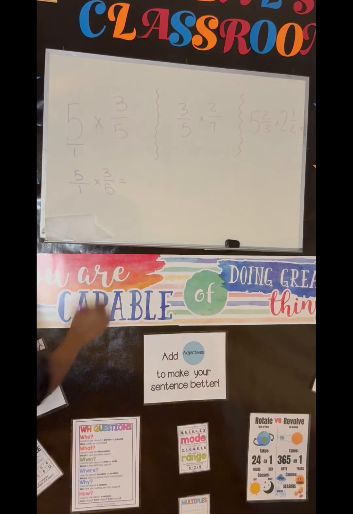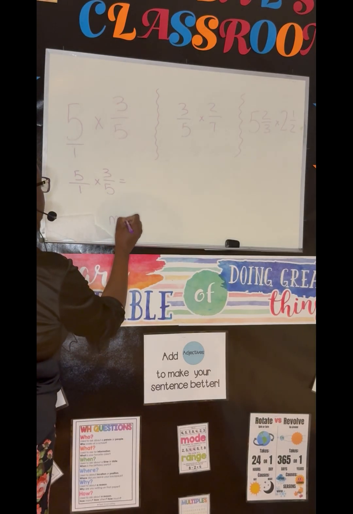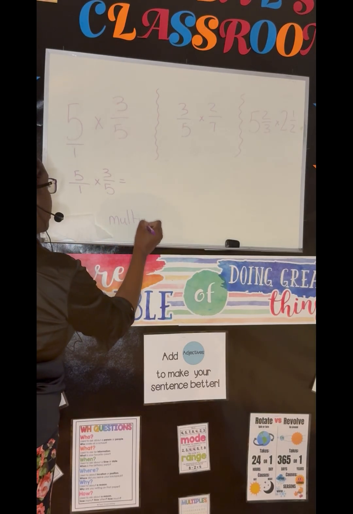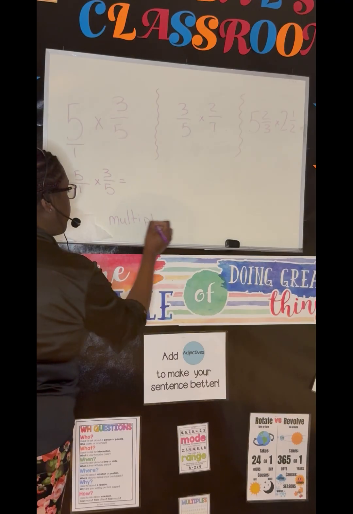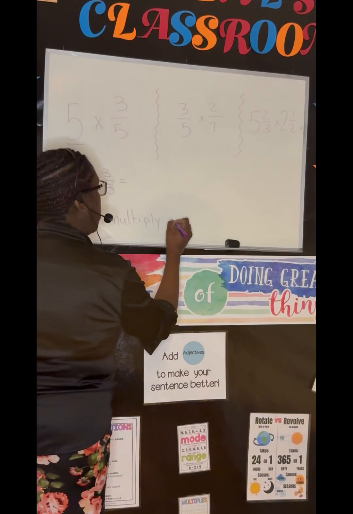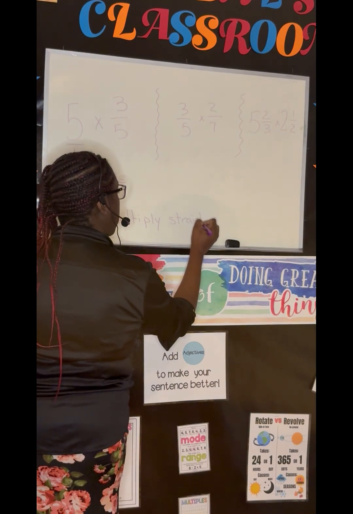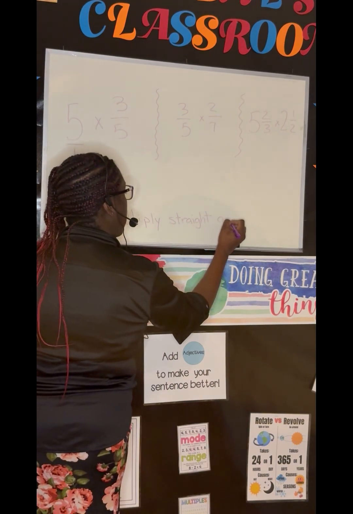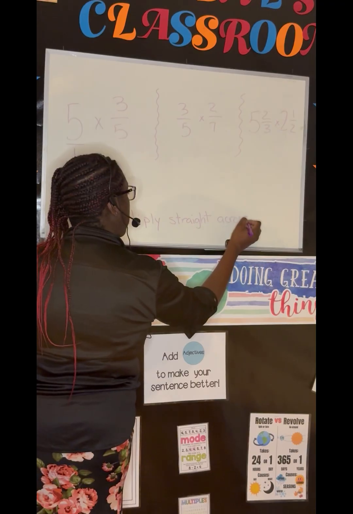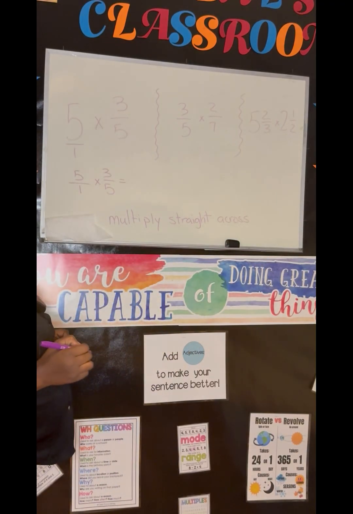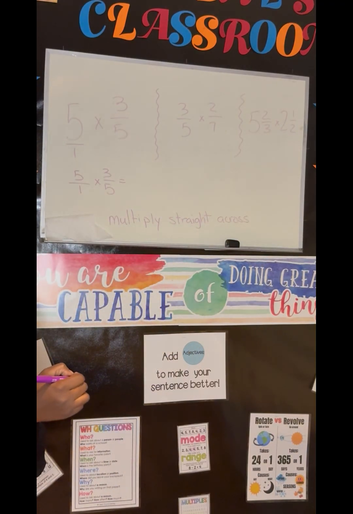And like I said, when you're multiplying fractions, you multiply straight across. Let's write that down in our notes. We're going to multiply straight across.